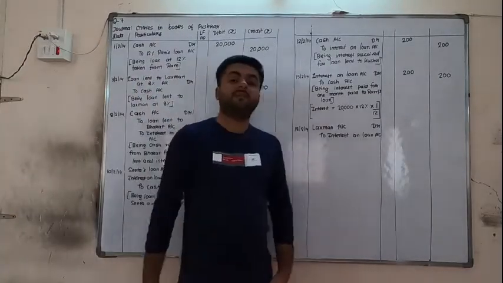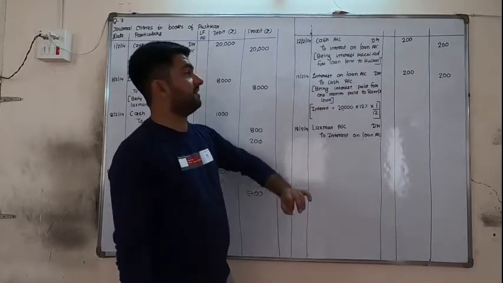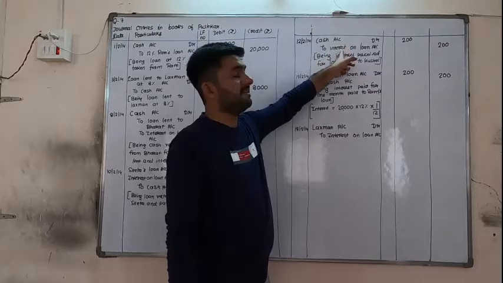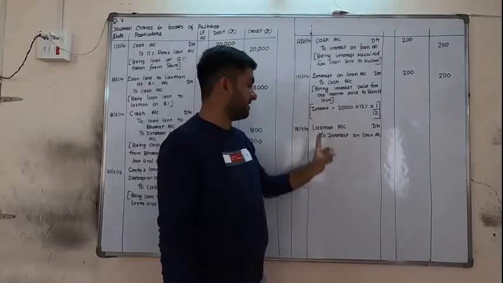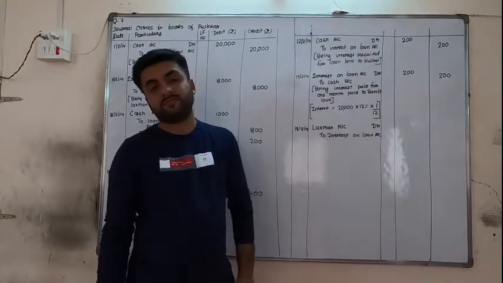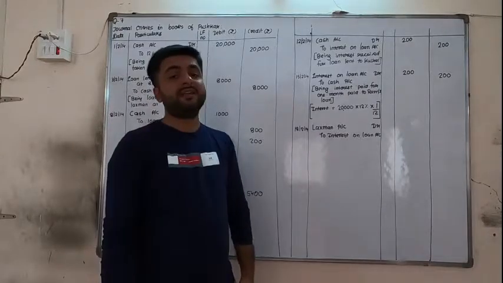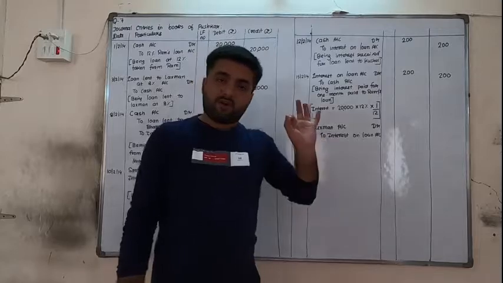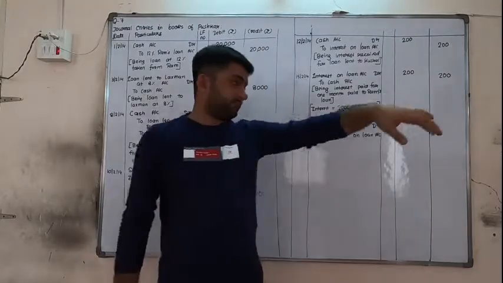See, when you have received the interest, cash has come in and interest is income, so interest is credited here also. Now the change is there, interest is received, so cash comes in. Interest is receivable, not received, now receivable in future.